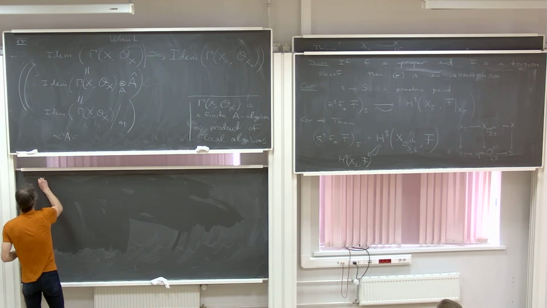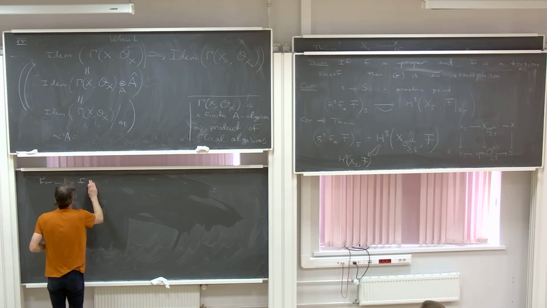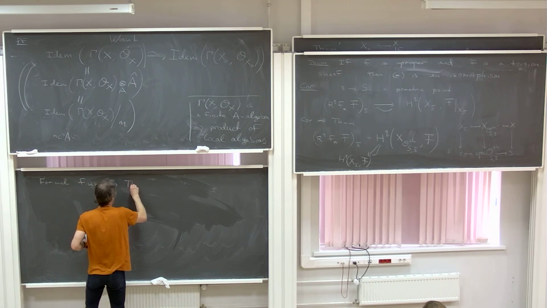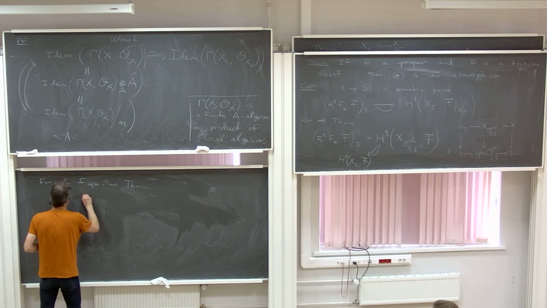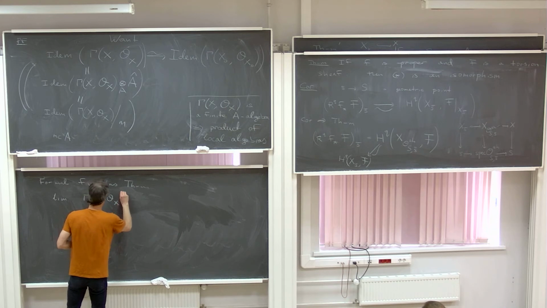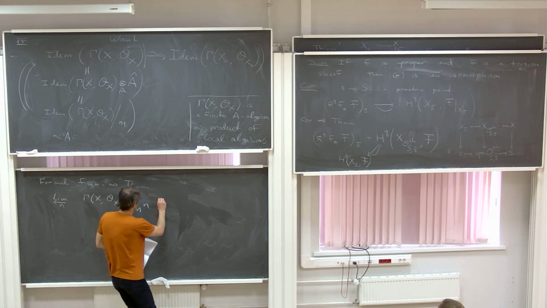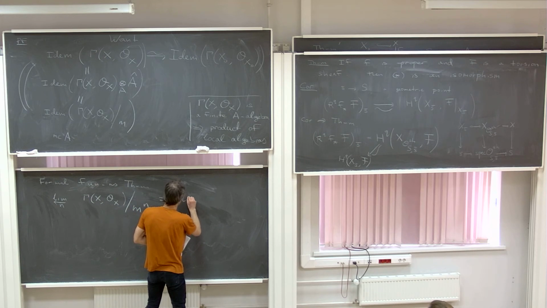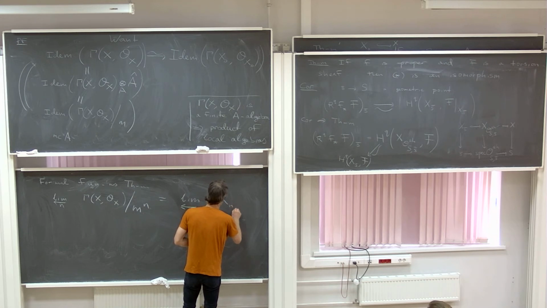So the formal function theorem is the following assertion: the limit of gamma x or x, the completion of this, the limit over n, that's the inverse limit, is the same as the limit of gamma xn or xn.